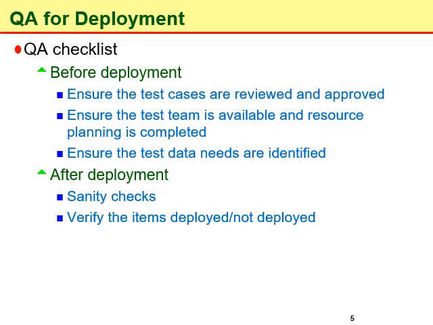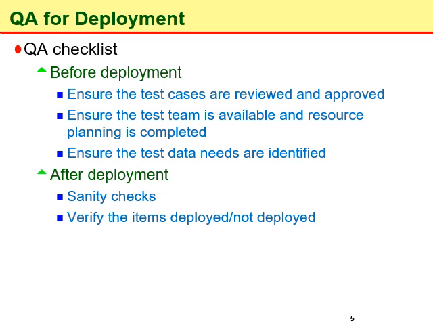As we know, the testing phase takes place before the code is actually moved to the environment. So the quality assurance team should ensure to have completed certain activities, such as the first one, to ensure the test cases are reviewed and approved.